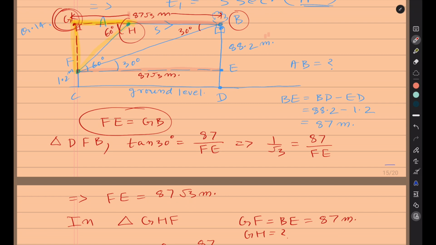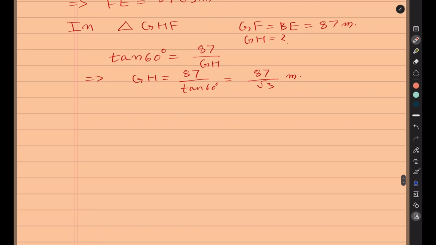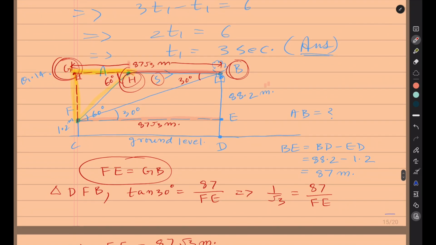So minusing these two, we can find this distance S, which is from this point to this point, from point H to point B. So the distance which we are interested in is basically this one, and that is what we have defined as distance S, or BH.